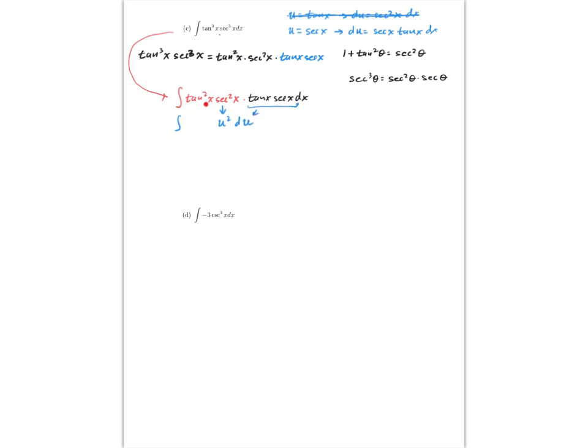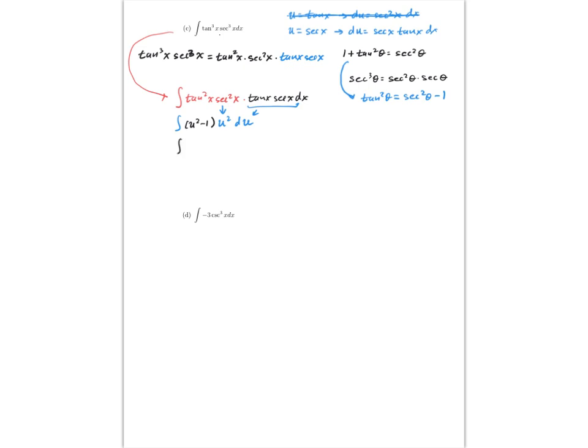But we still need to change tangent squared to secant. But notice that if 1 plus tangent squared is equal to secant squared, that means that tangent squared is equal to just secant squared minus 1. So therefore, this will be u squared minus 1, since u is equal to secant.